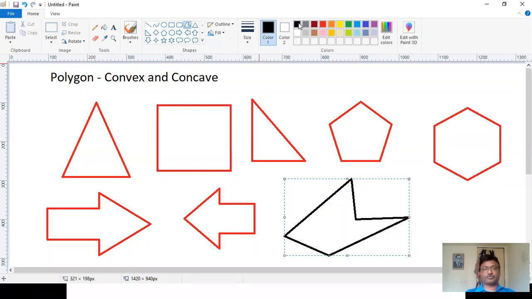Suppose I consider any 2 points. Suppose these are my 2 points in the blue color. This is my first point, and this is my second point.